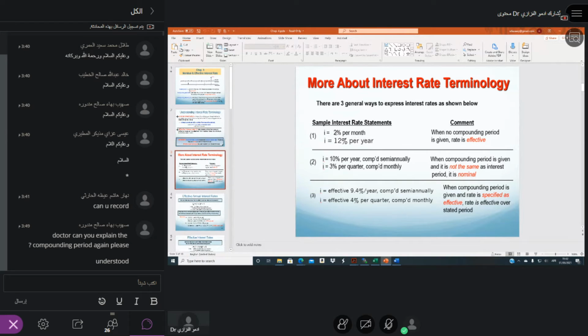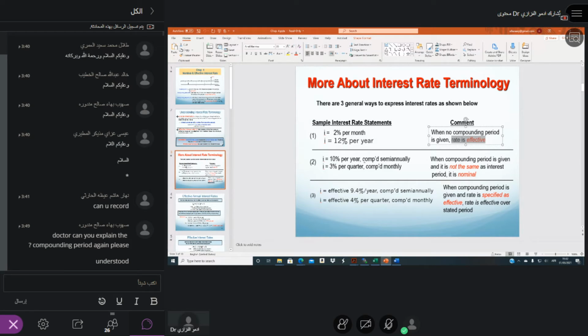That is when no compounding period is given. So when there is no compounding period, maybe they did not tell you that this is collected every so often, then you just assume that this is an effective interest rate. That is it. It is the total interest rate.